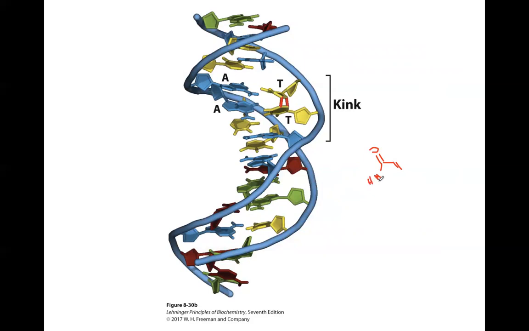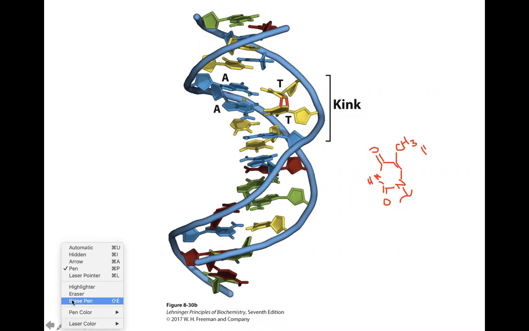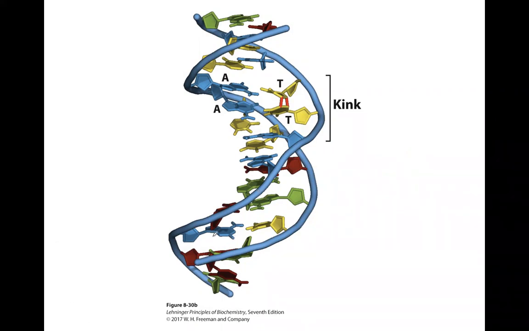So they are called thymine dimers. And this is one advantage of taking a class with an organic chemist, so you can actually see the chemical mechanism for this type of DNA damage. So you have a double bond in one thymine. Oh, what did I just do?